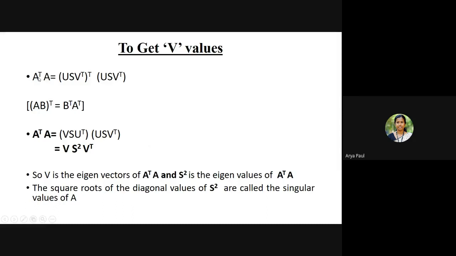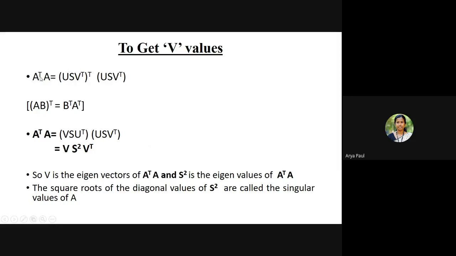You pre-multiply it: A transpose into A. What is A transpose? What is A actually? A is U into S into V transpose, isn't it? So A transpose is U into S into V transpose, whole transpose.